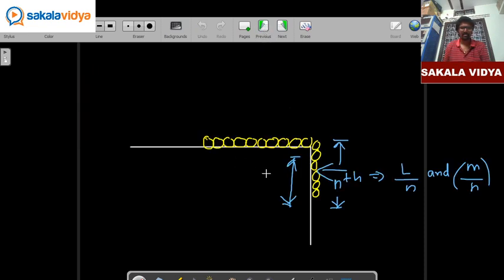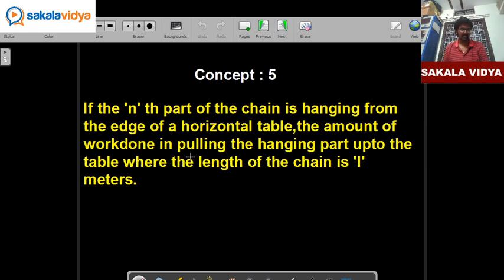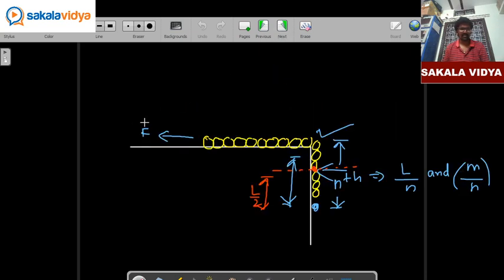Our CG is going to lie exactly here at a distance of L by 2. Here we need to apply a force so that this bottom edge of our chain reaches the horizontal top of the table. So we need to find the work done in pulling that hanging part of the chain to the table.